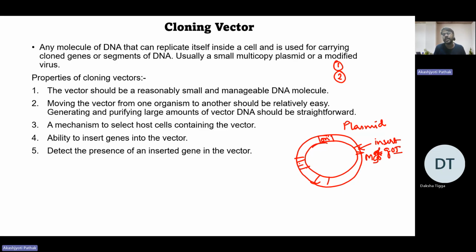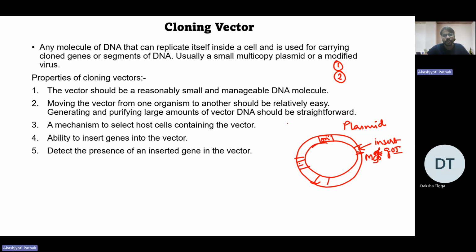For example, if your gene of interest gets inserted in a site which is having a tetracycline resistant gene, then your tetracycline resistance property gets inactivated. Insertional inactivation is one of the concepts which you must have learnt in molecular biology. So then your cloned gene will be sensitive to tetracycline, right? Because it has lost that property.